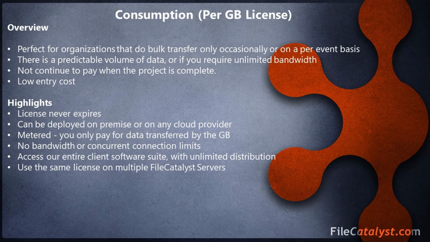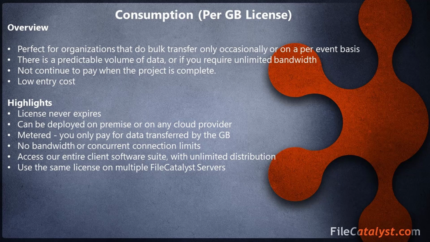The other option is consumption. This is for if you have a specific project. Let's say you have to migrate data from site A to site B, and you know that there's 1 terabyte of data, and you're going to need that for a month to migrate the data. You can then go on a consumption basis. There's no upfront cost. Basically, you get everything for free.